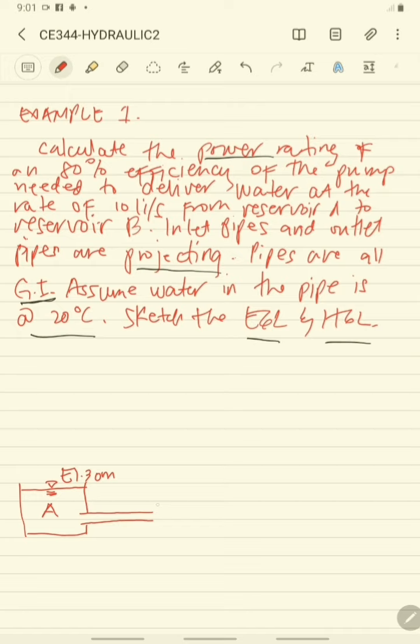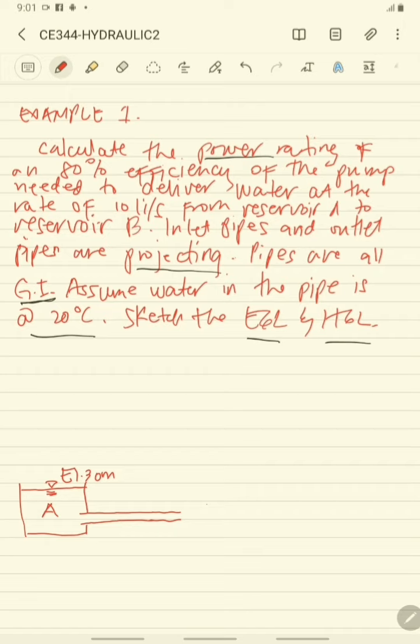If there are no illustrations given, the situation will be described in the problem. So here you have the projecting pipe.